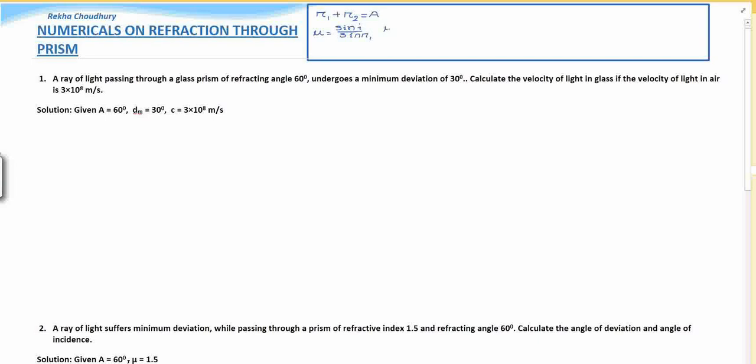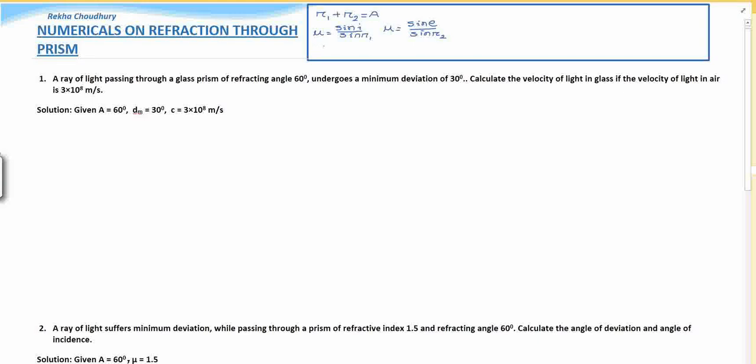Or we can write mu is equal to sin e divided by sin r2, and this formula is for the refraction at the second face, that is face AC of the prism. Here e is the angle of emergence, r2 is the angle of incidence at the second face, and mu is the refractive index of prism.